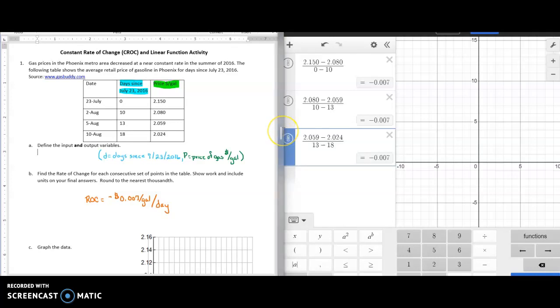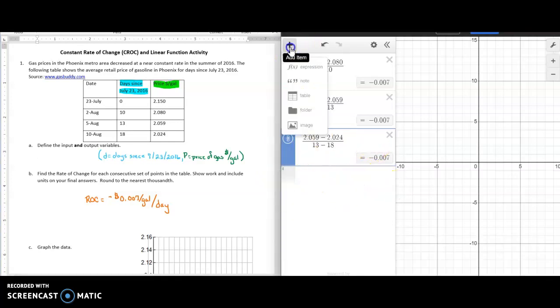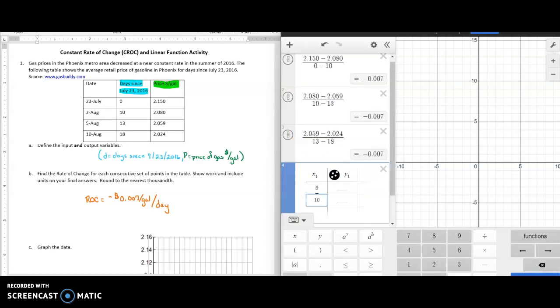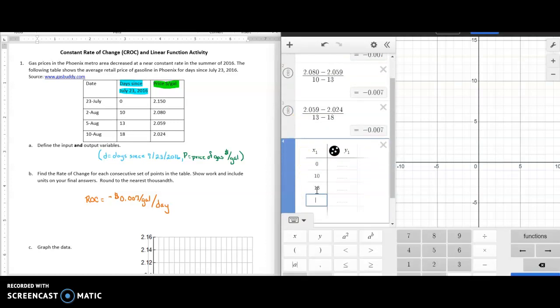So after our calculation, we want to graph this data, so I'm going to add a table, and I'm going to type in my inputs and my outputs that are given to me.